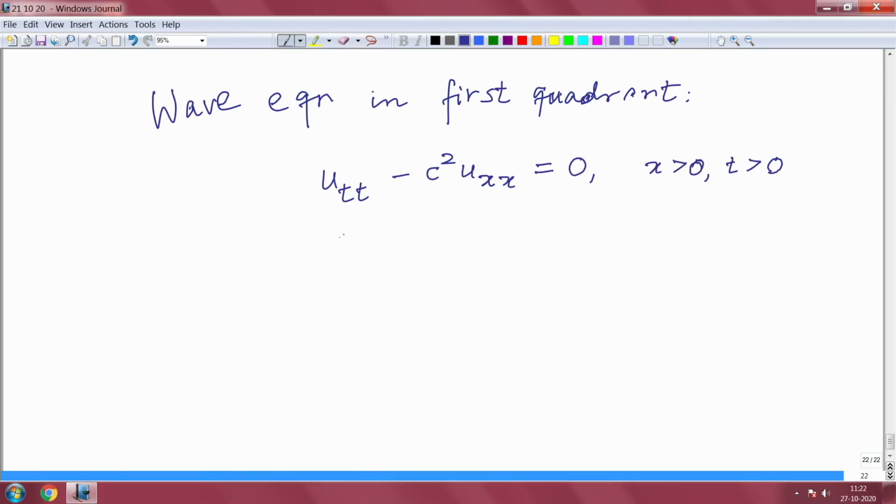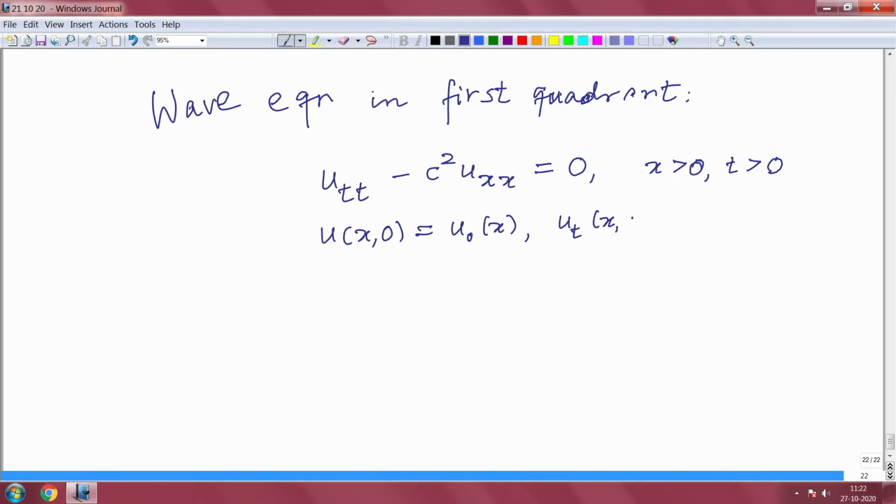Like the previous case, first we provide the initial conditions at time t equal to 0. As I remarked, in the case of the wave equation, you can provide them on any t equal to t0 line. So, there is absolutely no problem.